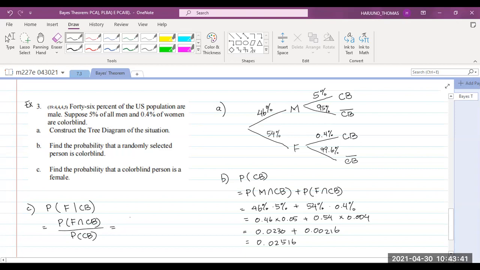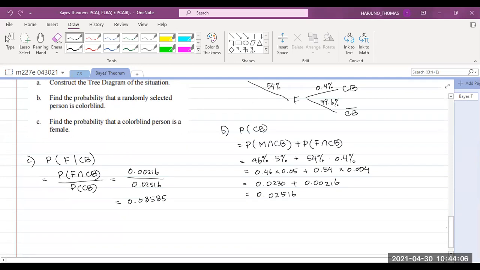That is 0.00216 over 0.02516. I get 0.08585. So approximately 8.6% of those colorblind are women.